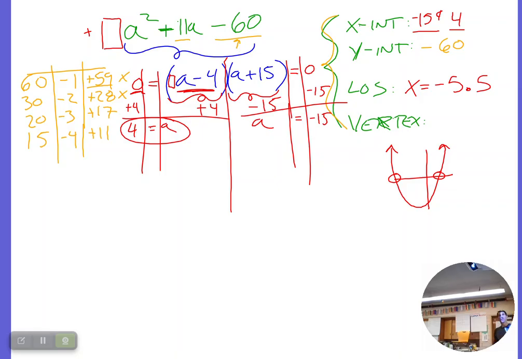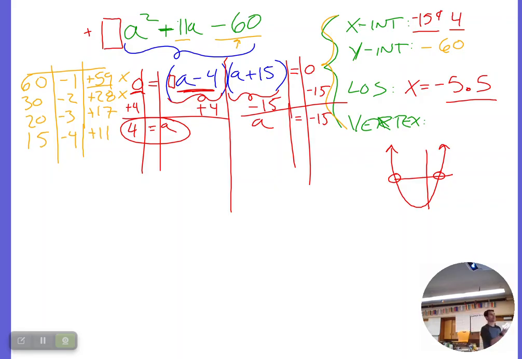Okay. So now we have the x-value of the vertex, negative 5.5. So we're going to plug that into the equation. I personally like plugging the number into the factored form expression because I don't have to worry about exponents. However, the factored and expanded forms of the equations are equivalent, so it doesn't matter which one you choose.